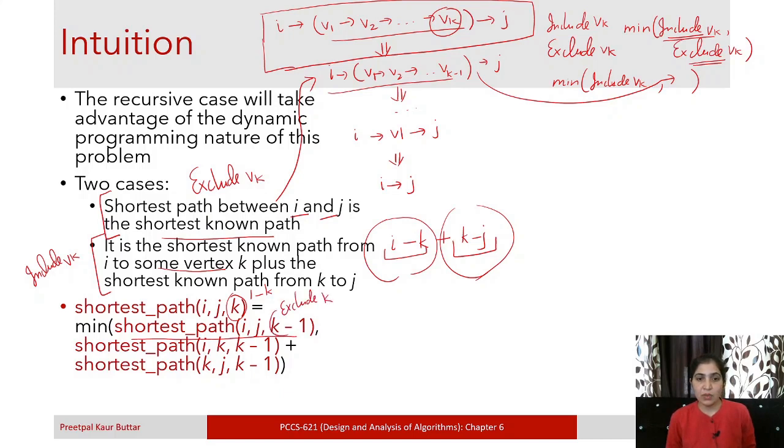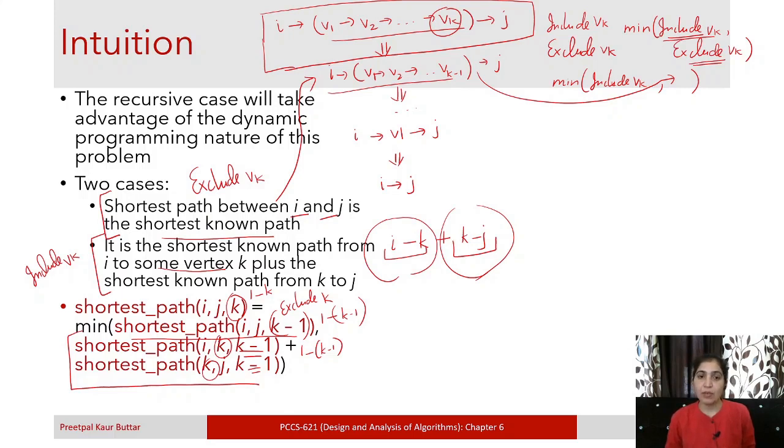Because you are using the vertices from 1 to k minus 1 only here. And the second argument is the shortest path including k, where you will find the shortest path length from i to k and then from k to j. Here the intermediate vertices are from 1 to k minus 1, because k is the intermediate vertex which you have just picked.